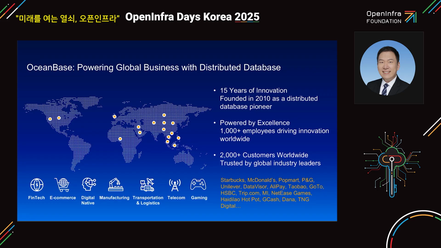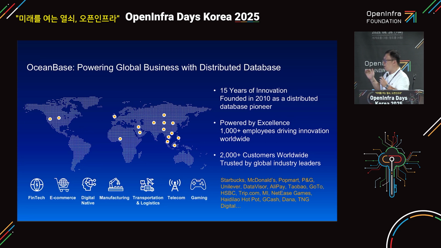Today, we have more than 1,000 employees and serve over 2,000 customers worldwide across industries like fintech, e-commerce, telecom, manufacturing, and others. Some of our customers worldwide, like Starbucks, McDonald's, P&G, HSBC, and others, all trust OceanBase to empower their mission-critical business.